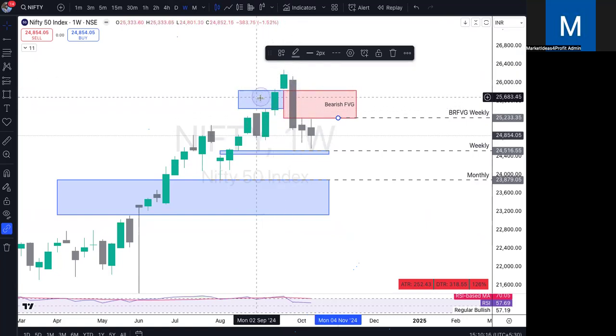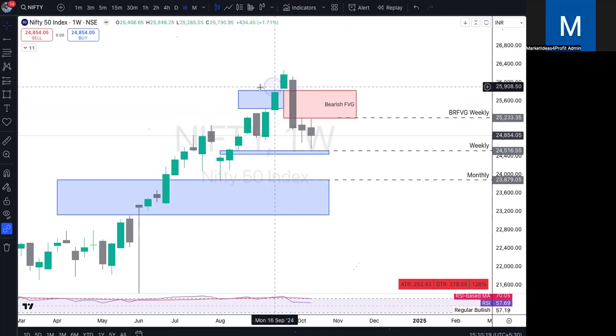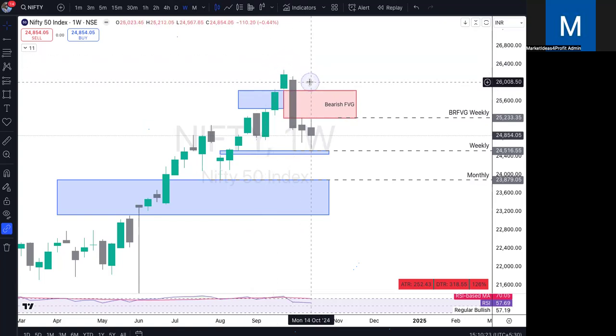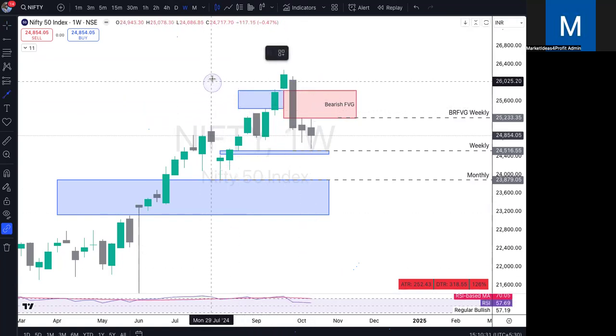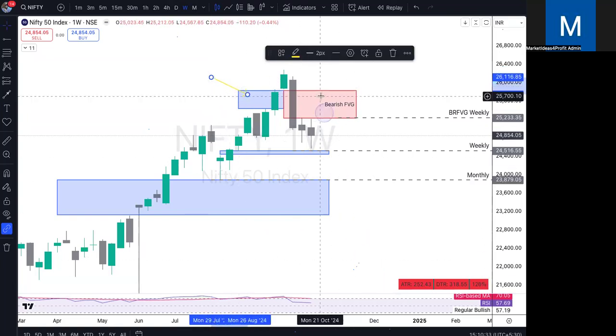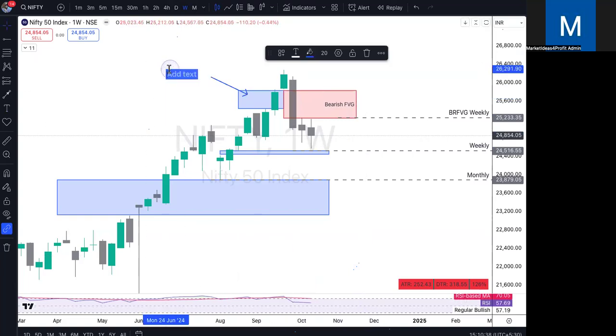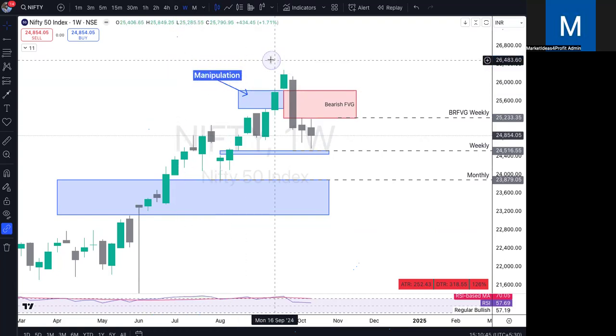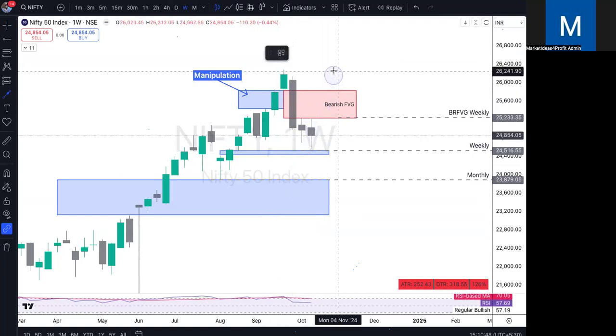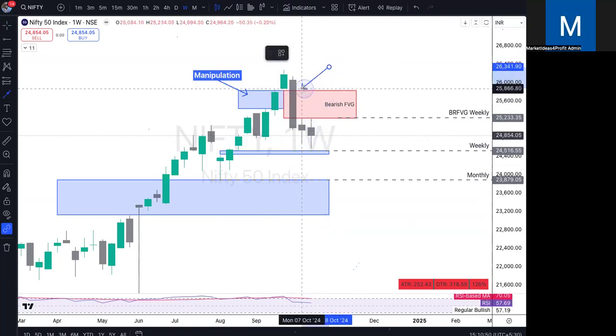This reversal has taken form in a reversal pattern which we call the reversal pattern using the fair value gaps. This particular fair value gap is coined a manipulative fair value gap, because before the prices are pushed down, the market makers create an area of manipulation where they induce people to become bullish and make them buy at that level.